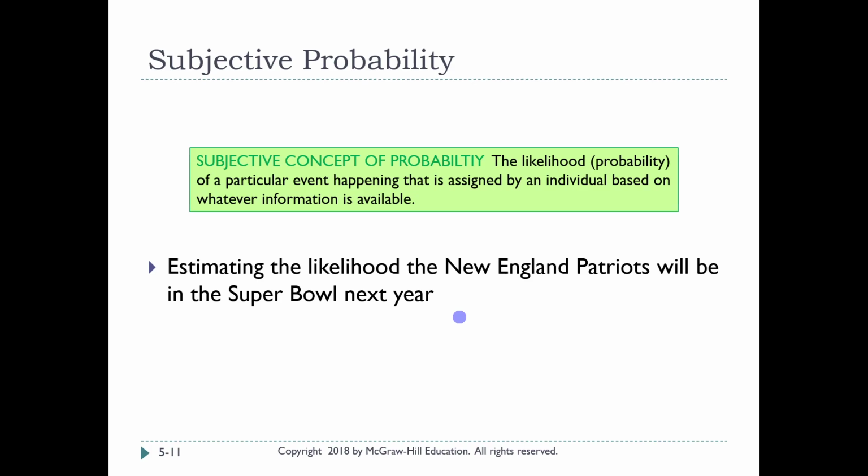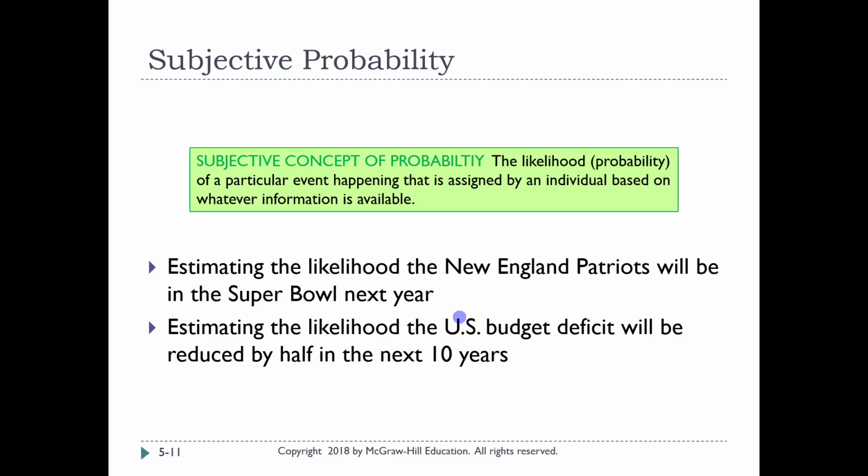In a similar sense, yes, we know LeBron has hit 77% of his past free throws, but let's say he has a broken hand and has to shoot with his opposite hand. The uniqueness there means that we don't necessarily have the past data to rely on. Similarly, consider the likelihood that the budget deficit will be reduced in half in the next 10 years.